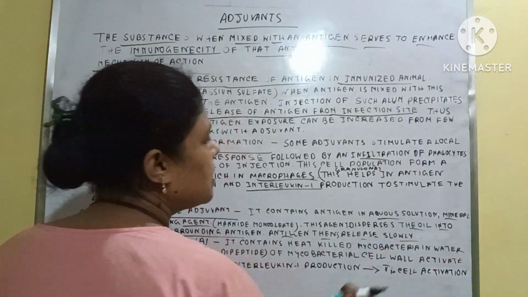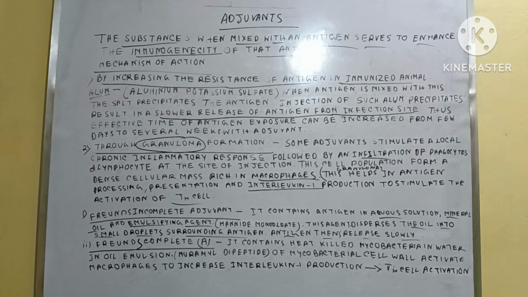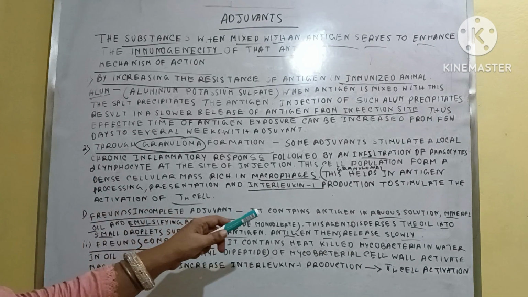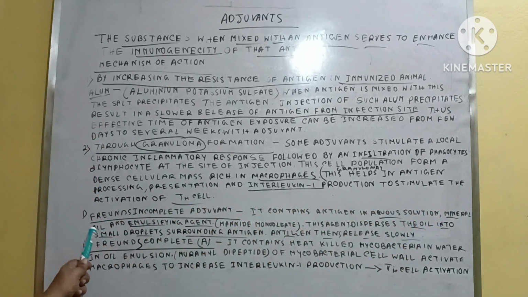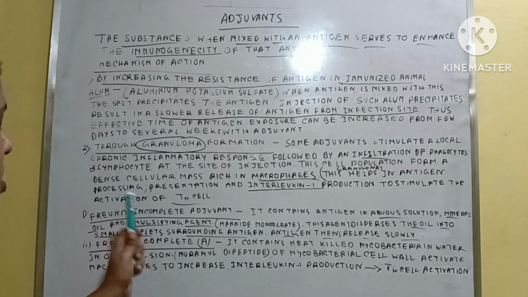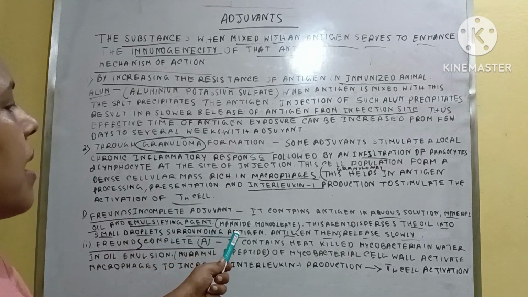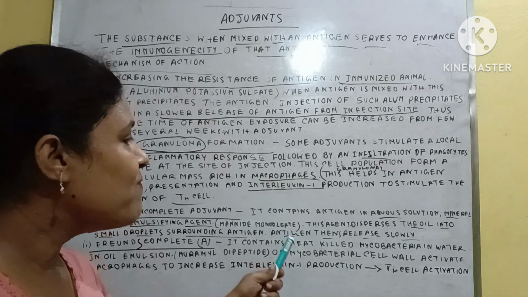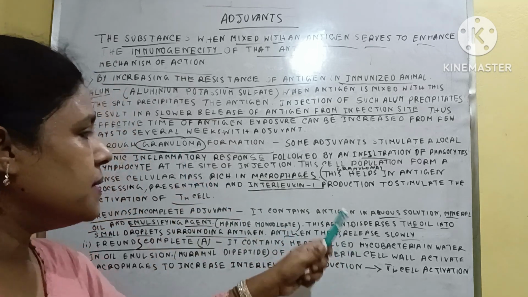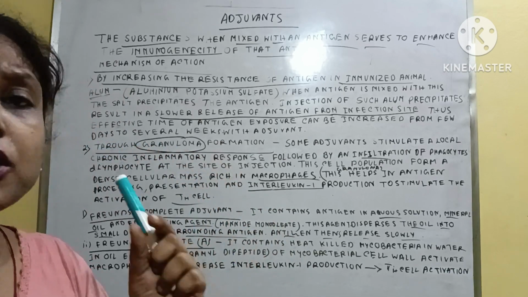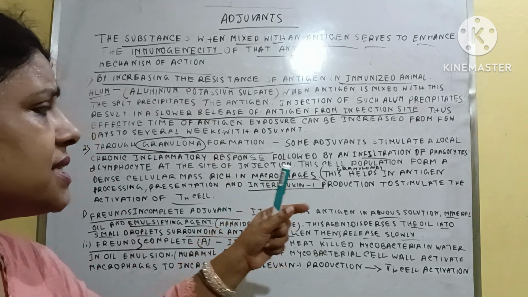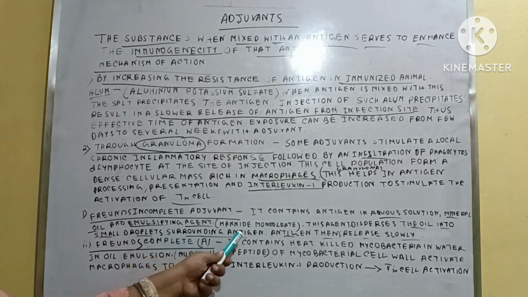Clear? What is being said here? What are the mixtures in there? Aqueous solution, mineral oil, and an emulsifying agent. Which emulsifying agent is needed? Mannide monooleate. This agent disperses to form droplets and remains surrounding the antigen.